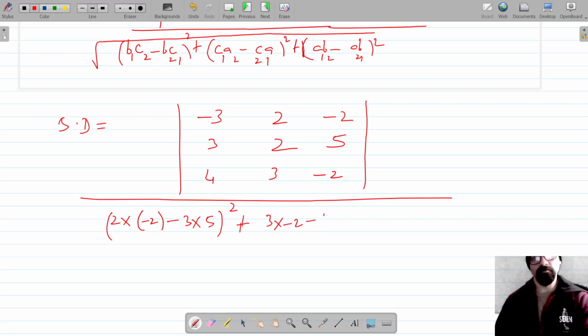Put in the values: minus 4 into 5, the whole square, and then plus 3 into 3. I'm just putting in the values, the whole square.